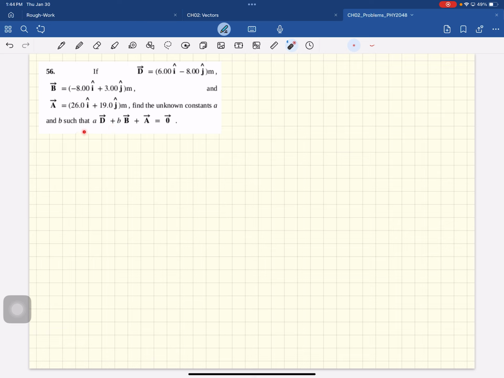But these are two-dimensional vectors, so the x component of this is equal to the x component of that, and the y component of this is equal to the y component. So this is really two equations, and you can solve the two unknowns. So this equation is A Dx plus B Bx plus Ax equal to 0. Remember, the 0 vector is 0I plus 0J.